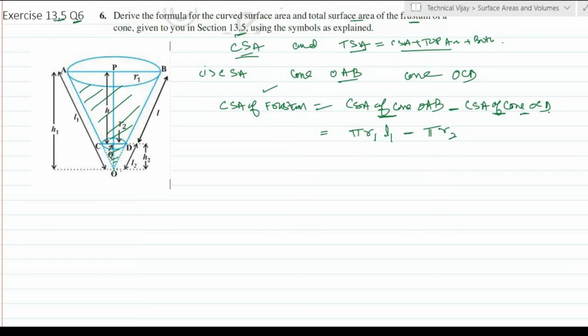So the CSA of the frustum is pi R1 L1 minus pi R2 L2.